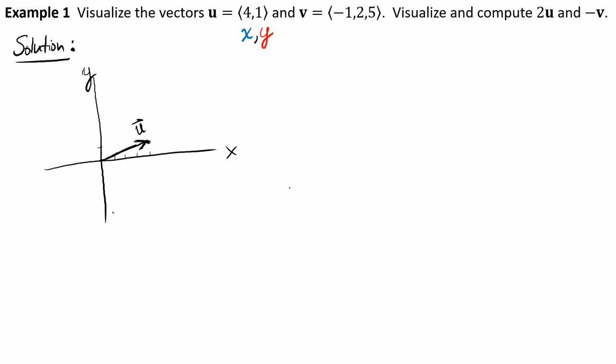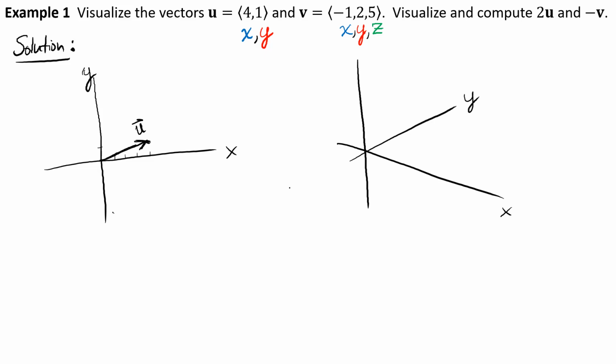On the other hand, to visualize the vector v, which is <-1, 2, 5>, we need to think of these three coordinates as representing the x, y, and z coordinates of a vector in three-dimensional space. So now we visualize an x-axis coming somewhat out of the screen, a y-axis going somewhat into the screen, and a z-axis going vertical.